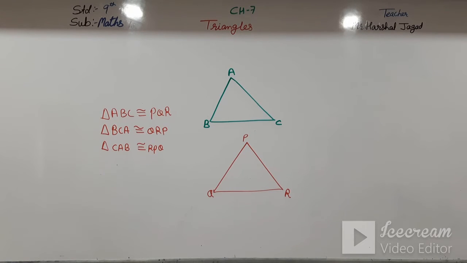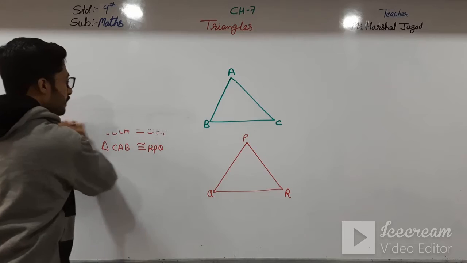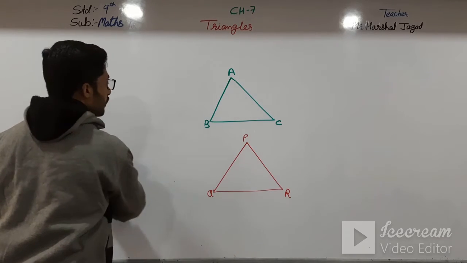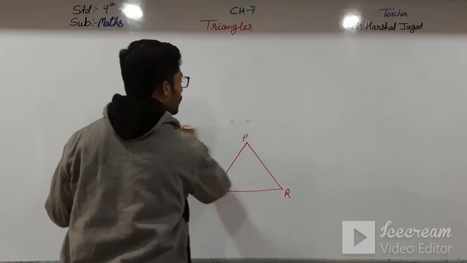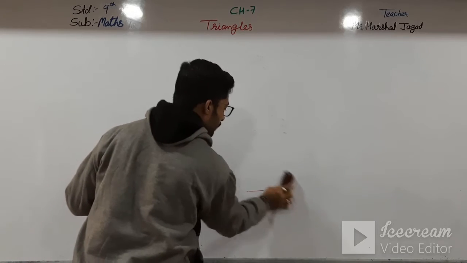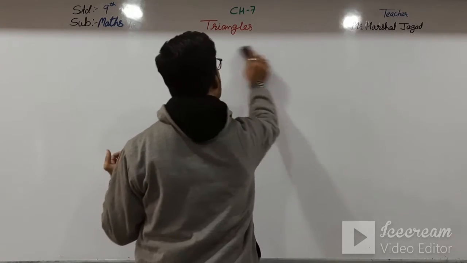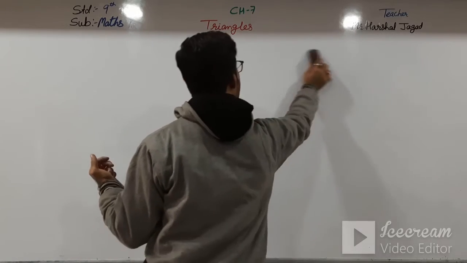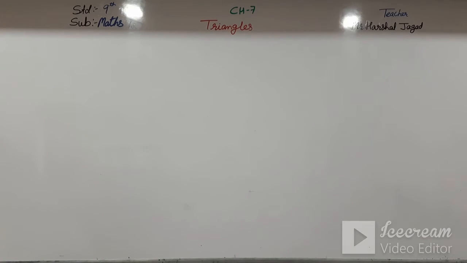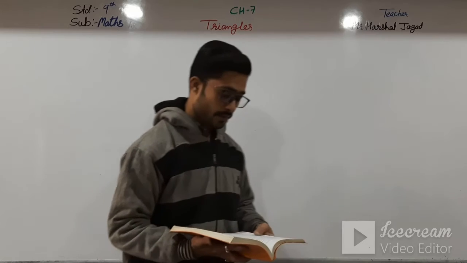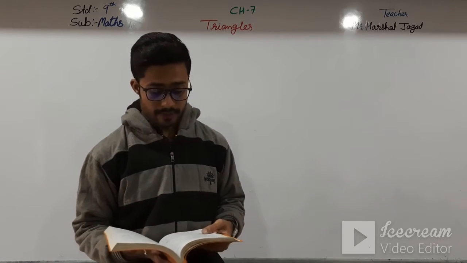See here, the figure is given. Draw two triangles with one side 3 centimeters.